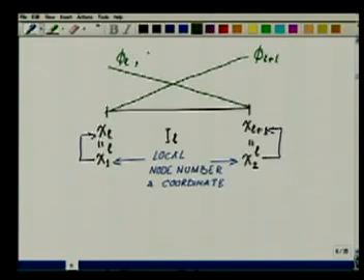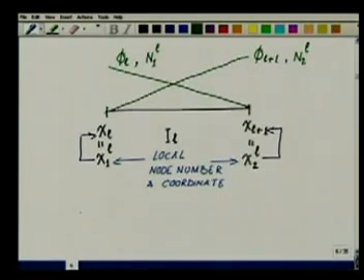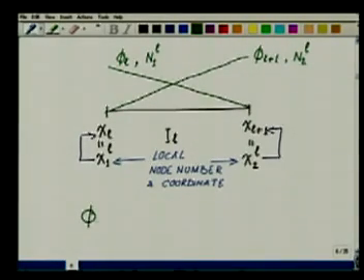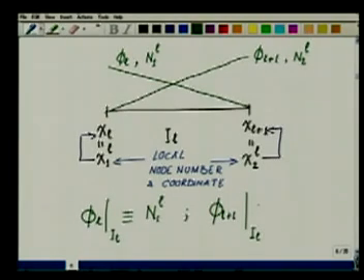I am going to give it the name N1 of element L, and this one will be N2 of element L. That is, you should remember that this phi L in the element IL is equal to N1 of the element L. Similarly, phi L plus 1 restricted to the element L is identically equal to N2 of this element L. So what are these N1s and N2s called?